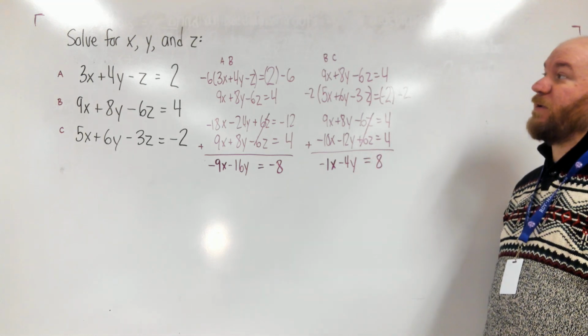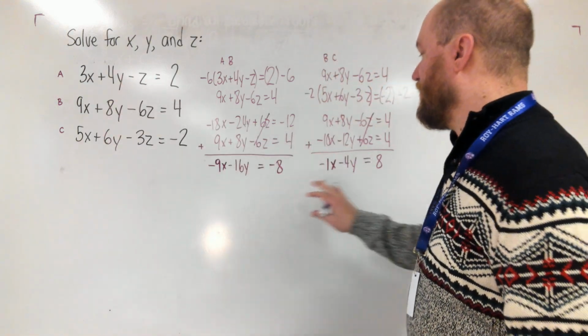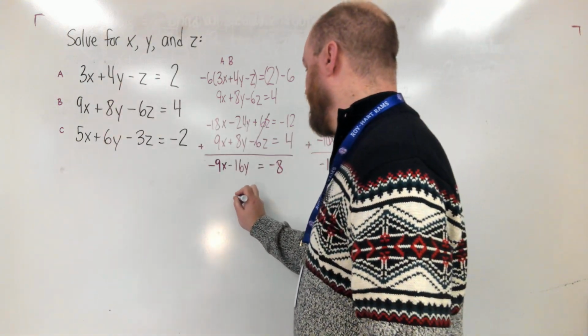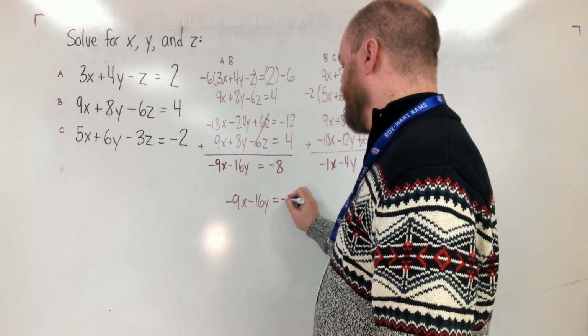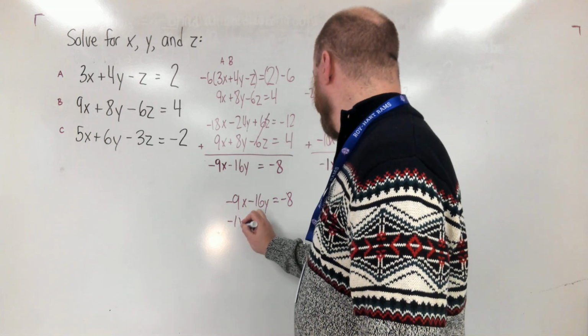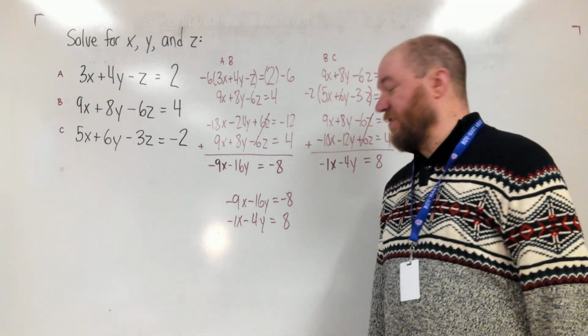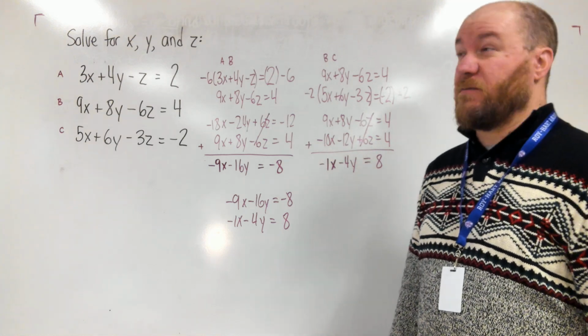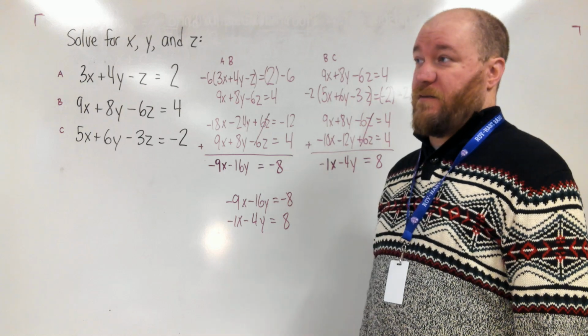So now I have my wish. Instead of three variables with three equations, now I have two variables with two equations. So let's write them above and below each other, and we'll do the same thing we just did. We declare a variable and then try to get rid of it. Out of these two equations, I'm going to declare I want to get rid of the y.